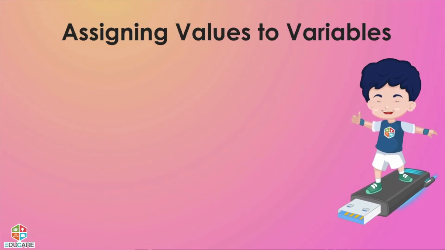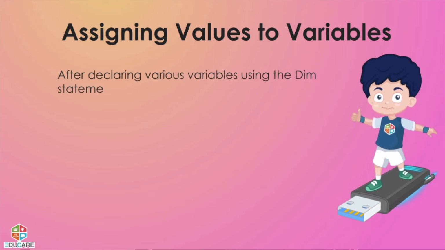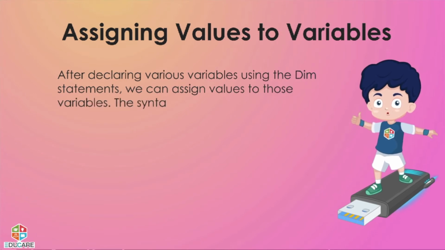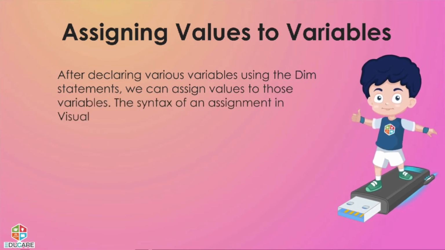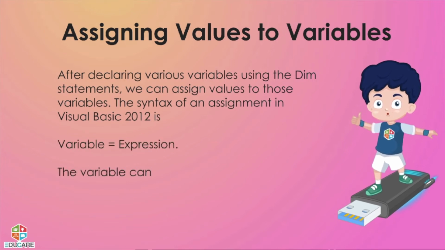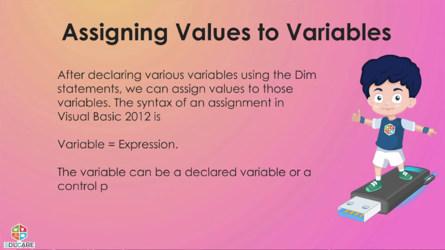Assigning values to variables. After declaring variables using the Dim statement, we can assign values to those variables. The syntax of an assignment in Visual Basic 2012 is variable = expression. The variable can be a declared variable or a control property value.